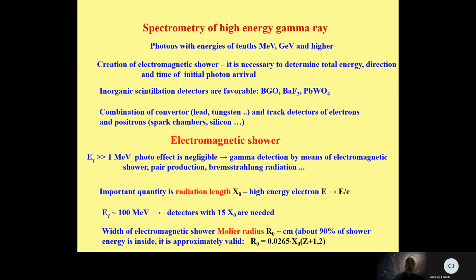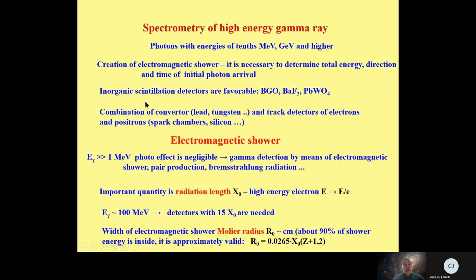For detection of this electromagnetic shower, it is possible to use more types of detectors. Very useful are inorganic scintillation detectors, and we already discussed BGO, barium fluoride, and lead tungstate scintillator.